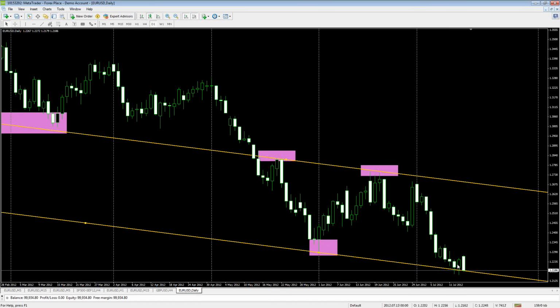Eventually, on the daily candles, you can see that the euro dollar closed above the lower line of the channel, but it remains to see today how it will react.